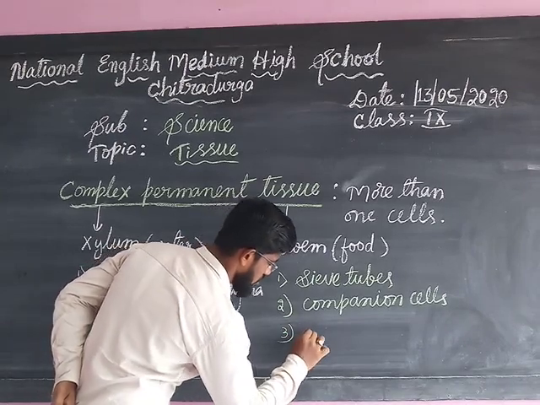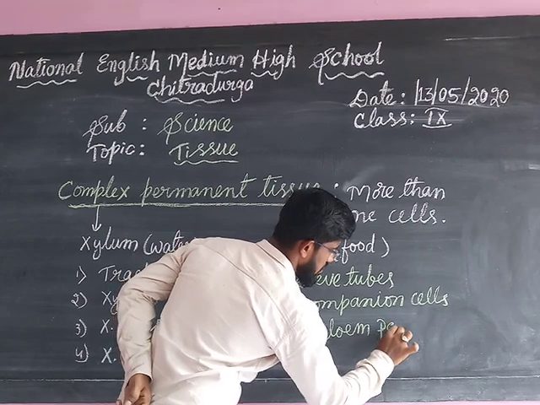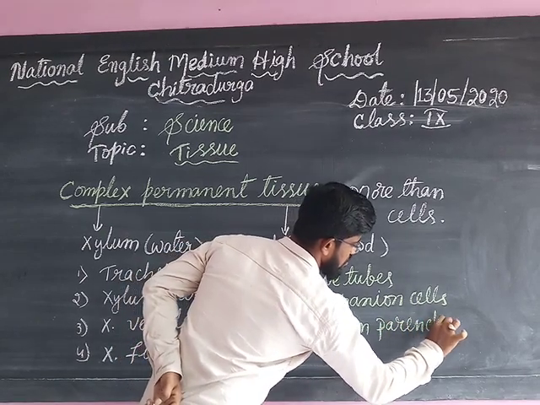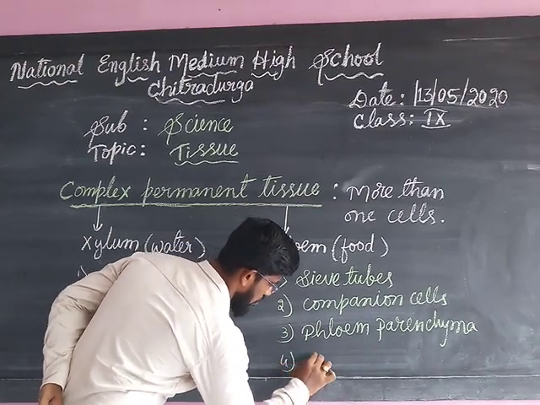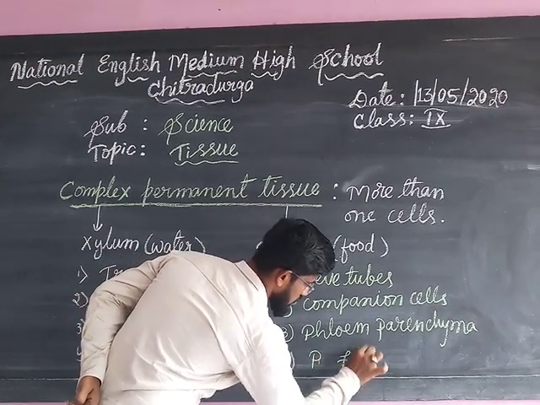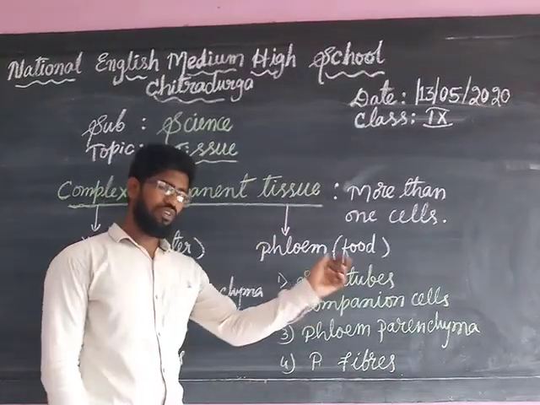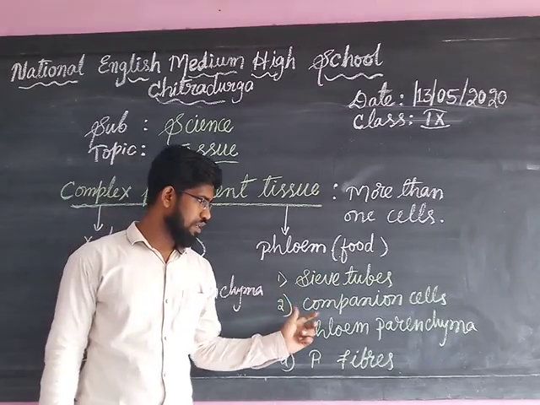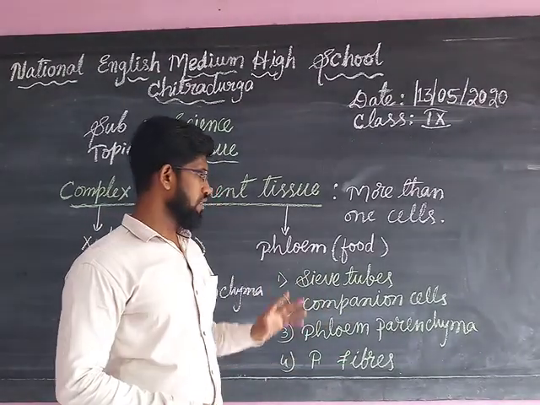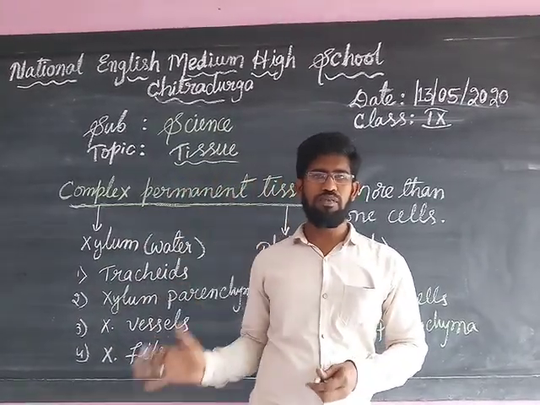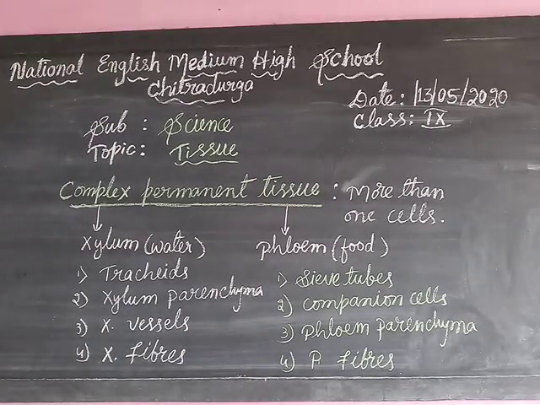The third one is phloem parenchyma, and the fourth one is phloem fibers. So these are the different types of phloem cells: sieve tubes, companion cells, phloem parenchyma, and phloem fibers. Let us study these xylem cells and phloem cells in detail to see how they work.